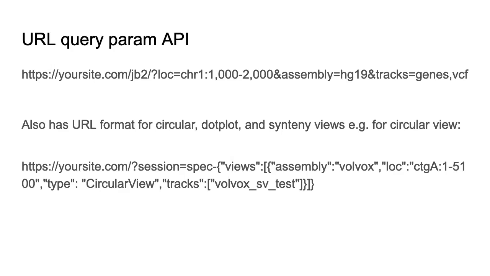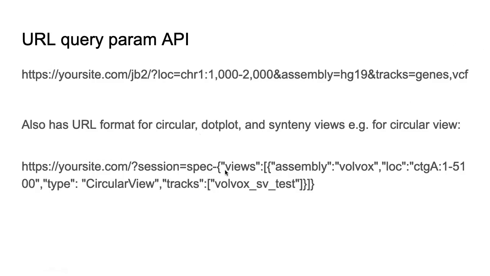This goes to our previous question. So we added the so-called URL query param API. So that lets you construct these URLs like, I want to go to chromosome 1, 1000 to 2000 with these tracks open. And there's also similar types of ones. So this is kind of a convenient API explicitly for the linear genome view.